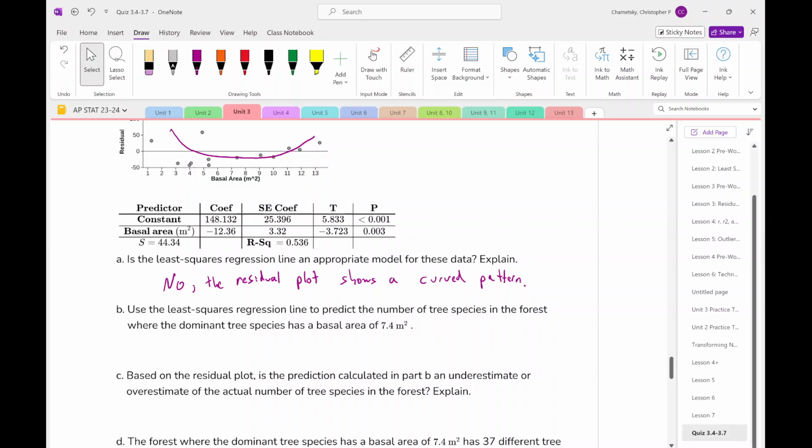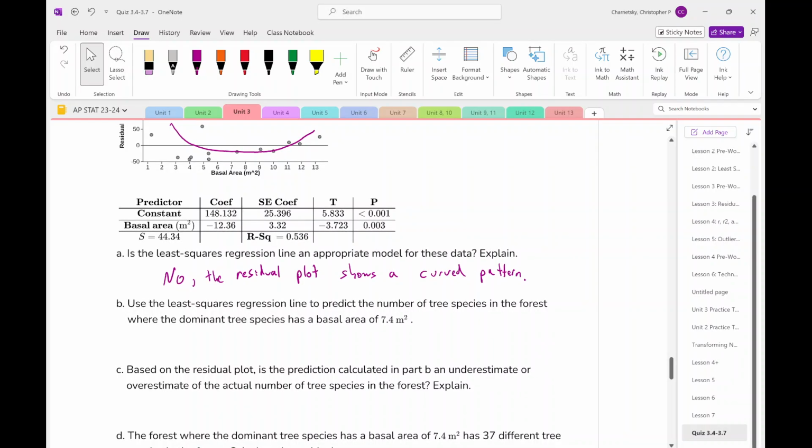Use the least squares regression line to predict the number of tree species in the forest where the dominant tree species has a basal area of 7.4. So our equation would look like this. Our y value is tree species.